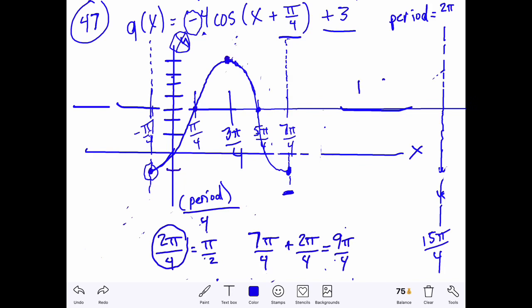Okay, divide it equally in half, and then in half again equally. So I know now my next location, 9 pi fourths. And maybe I see the trend: 3, 5, 7, 9. This should be 11 pi fourths, 13 pi fourths, and finally 15 pi fourths where I finish, which is what I concluded was my ending location.